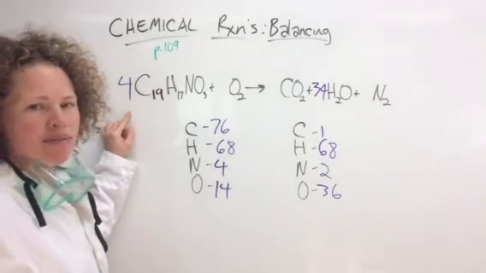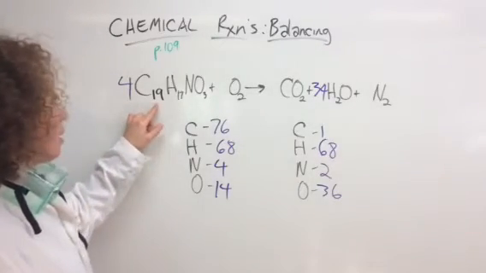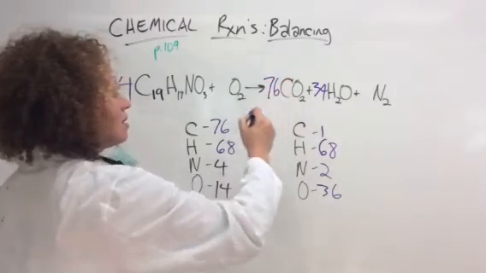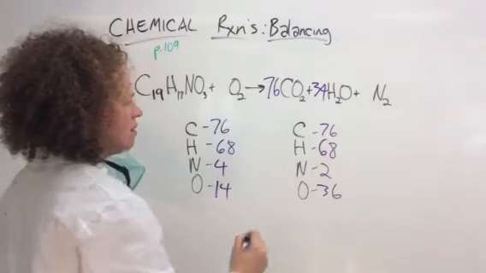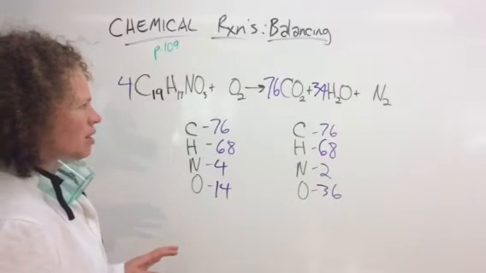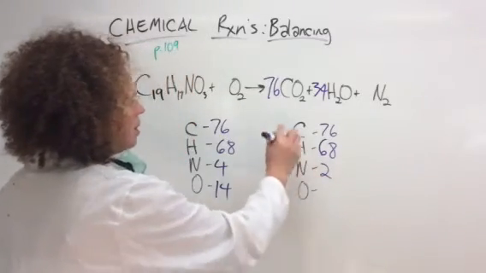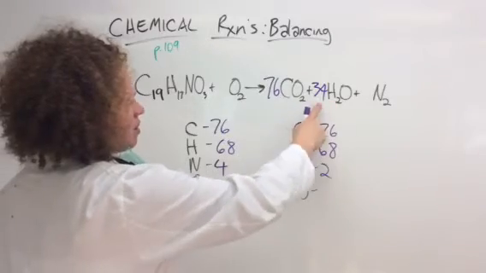How about the carbons? Since the carbons are not hydrogen and not oxygen, we can go there. I need 76 carbons on that side. 76 carbons. Wow. Okay, so that changed that to 76. This could be crazy. We could be getting way out of control here, but we're just going to go with it. Now, 76 O2s and 34 oxygens.